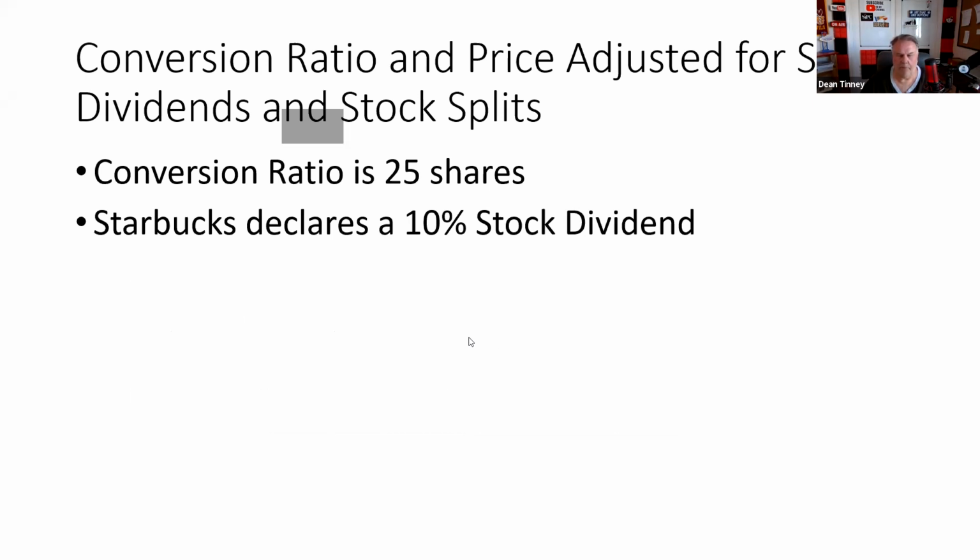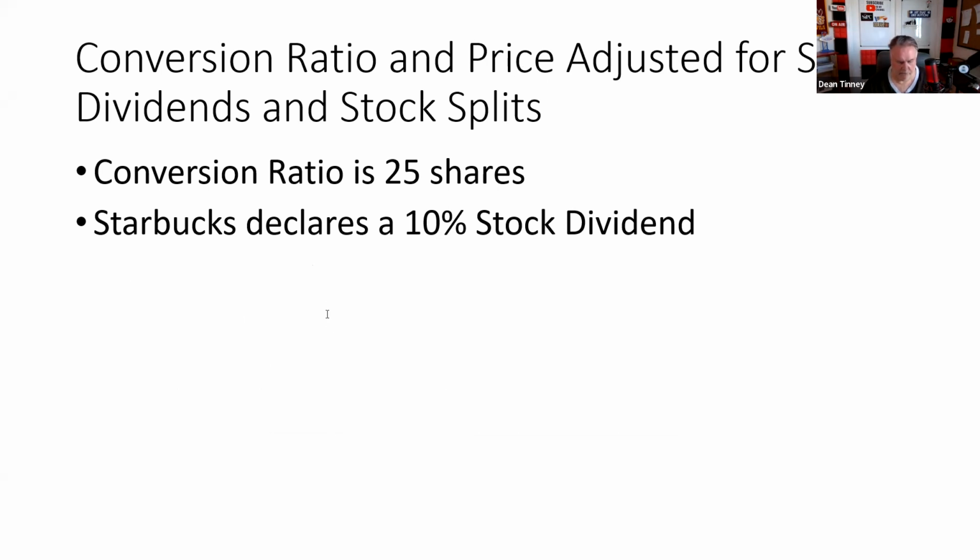So here's an example, Erica, of that question. This requires us to make an adjustment to the conversion features. I'm going to take the existing conversion feature, which here is 25 shares, and Starbucks declares a 10% stock dividend.